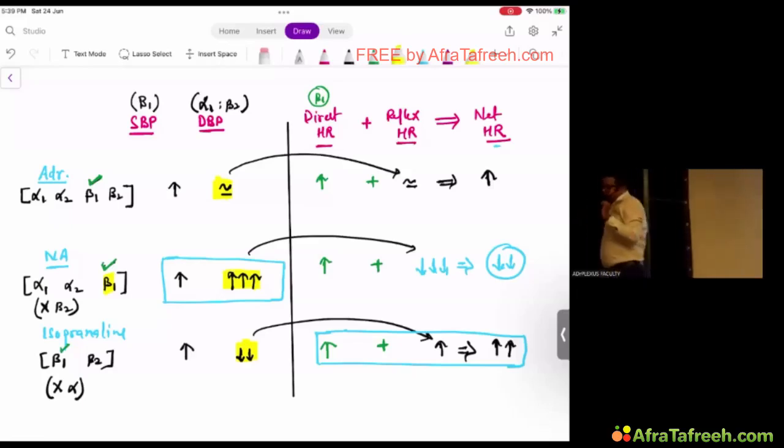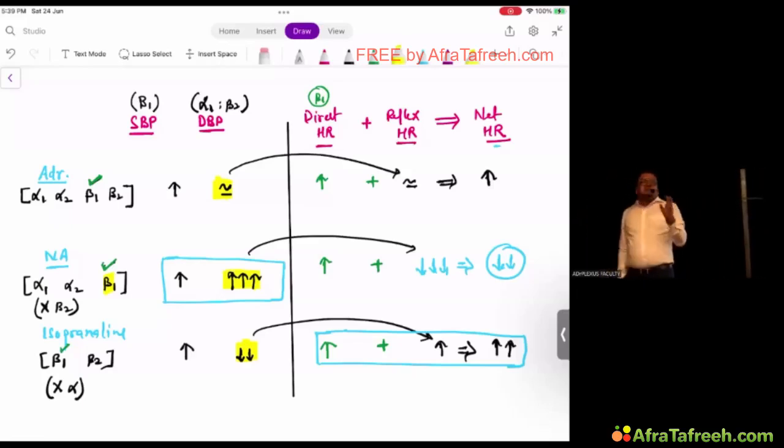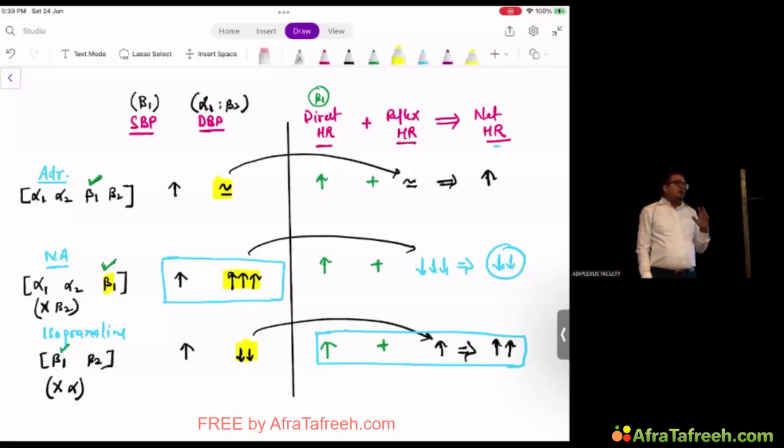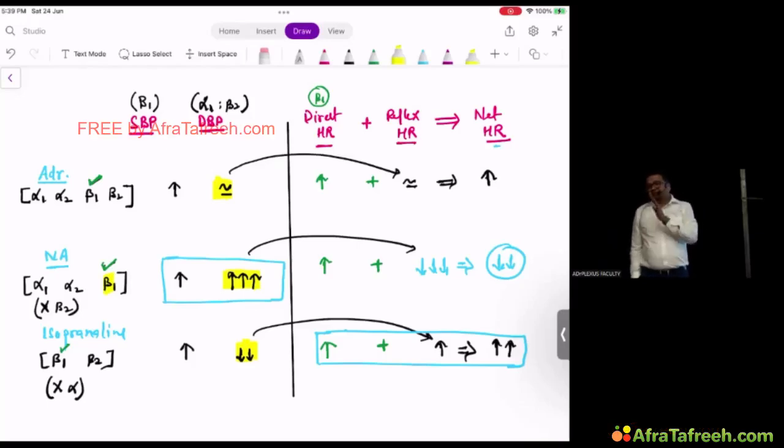So now you tell me, heart transplantation is possible nowadays. In heart transplantation, we can join the vena cava, aorta, all blood vessels. But can we join the vagus to the donor heart? So vagus is not connected to the donor heart. So now can the reflex action come?